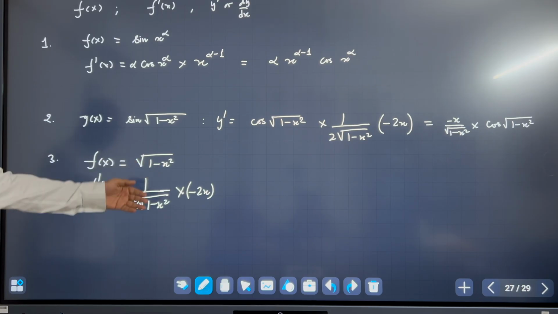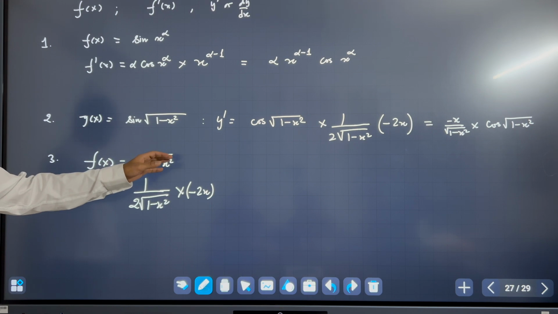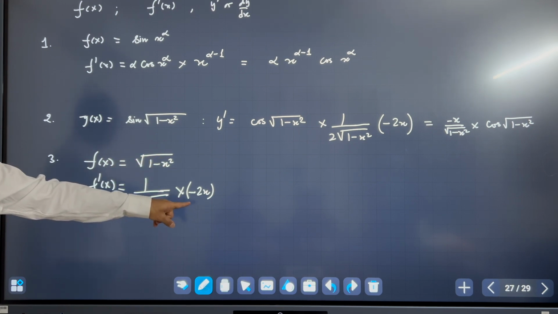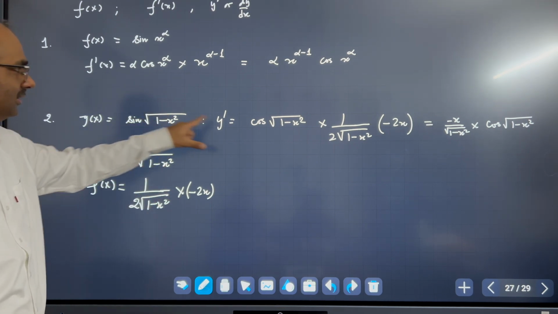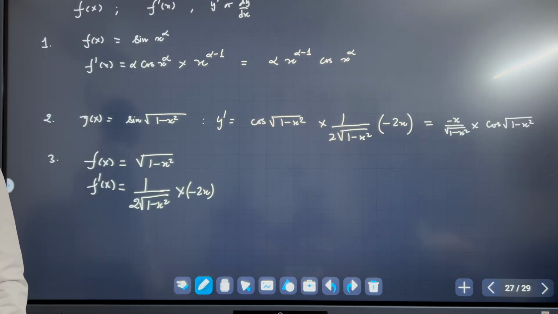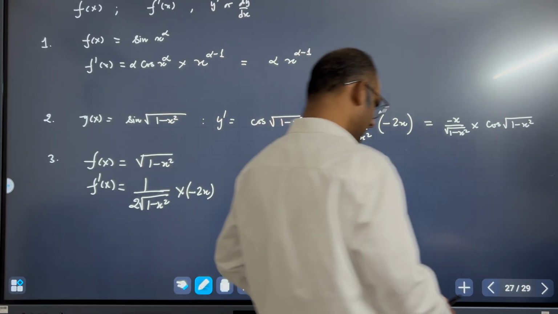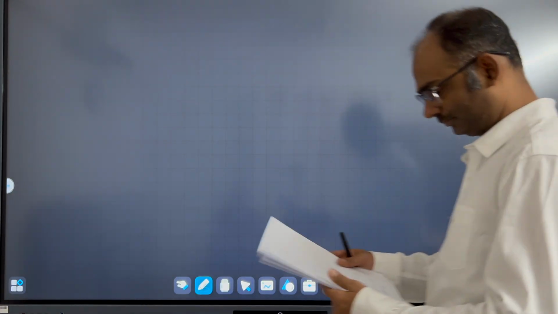But it is not just square root of x, it is square root of some other function. So I have to use chain rule. It's a function of a function. Is this clear? Okay. So if this is clear, then move to the next one.